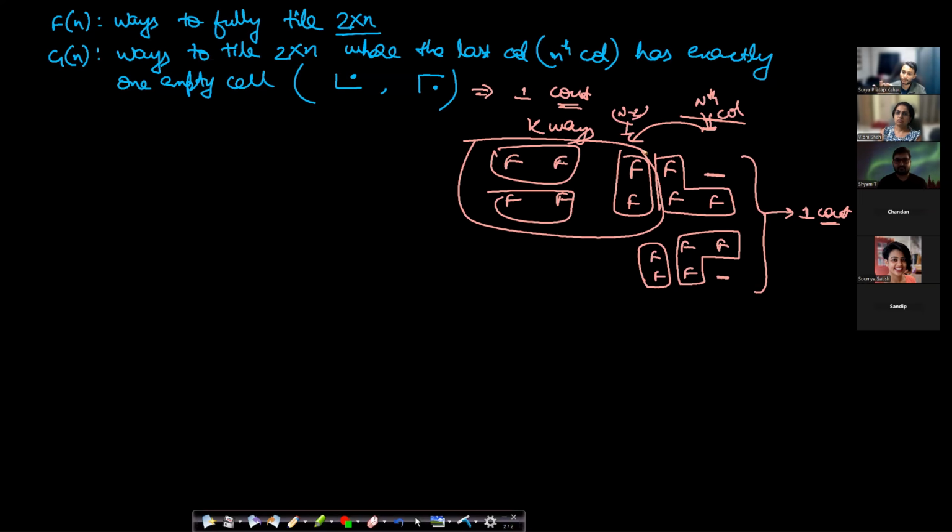Up to n minus 2, everything was full. Then in how many ways can you get this one empty cell in the nth column? How to define that?